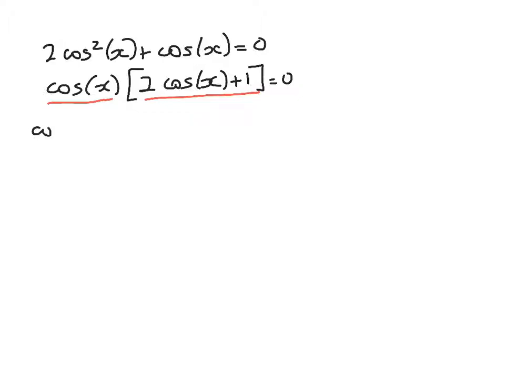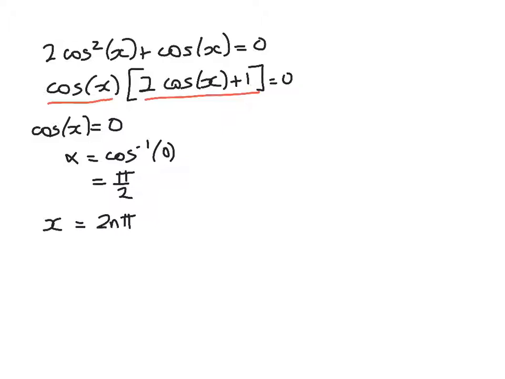So working first with cos of x equals 0. Well, what's alpha? My principal solution to that one is pi on 2. So using my general solution for cos, I get x is equal to 2n pi plus or minus pi on 2.